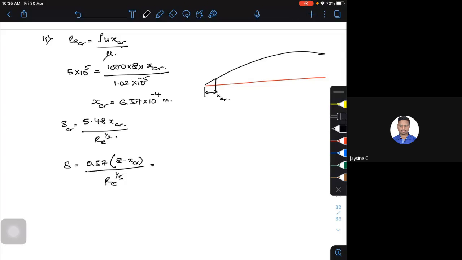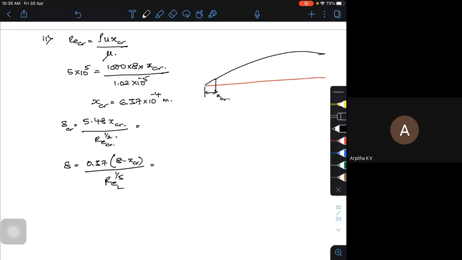Here you have to put RE critical, and here you have to put the regular REL value. It won't change that much. So this is for the turbulent part and this is for the laminar part.